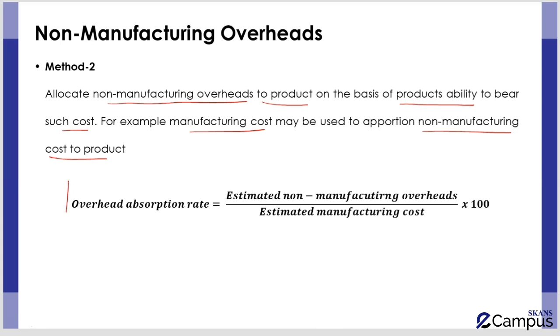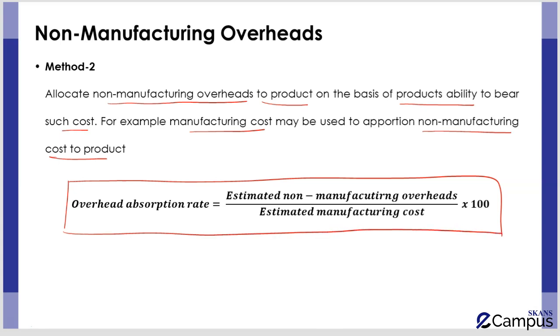The overhead absorption rate is calculated as estimated non-manufacturing overheads divided by estimated manufacturing, meaning production, cost, times 100. So for any order, whatever our production cost is, we will charge our non-production overheads to that activity on the basis of such an overhead absorption percentage.